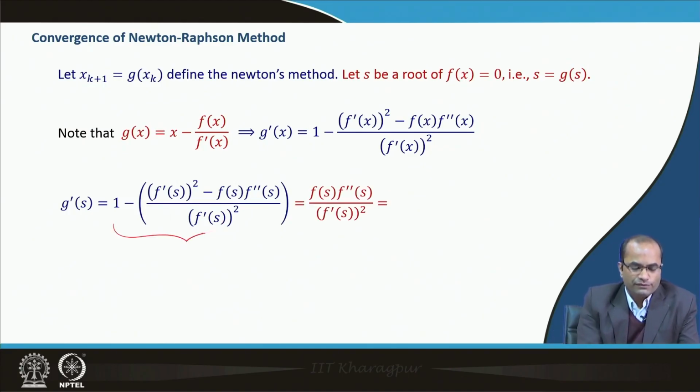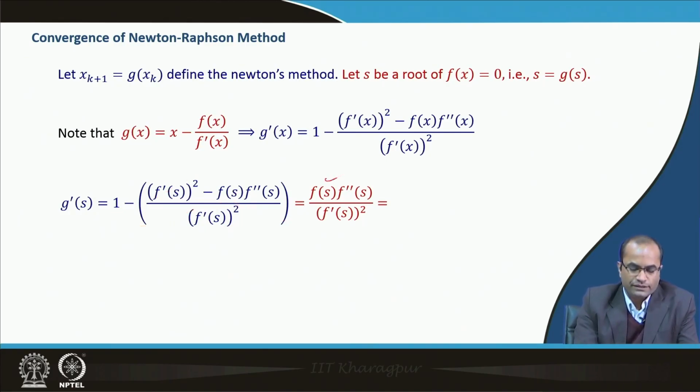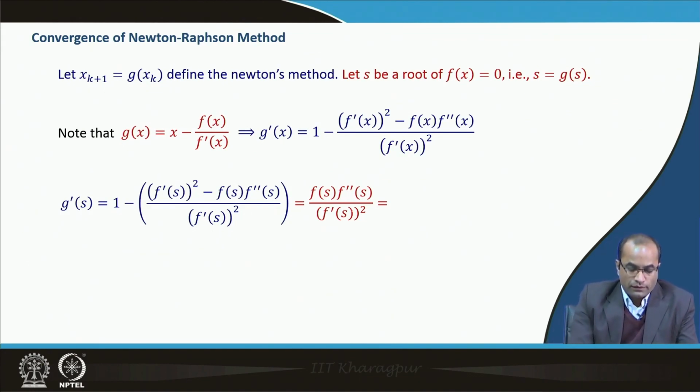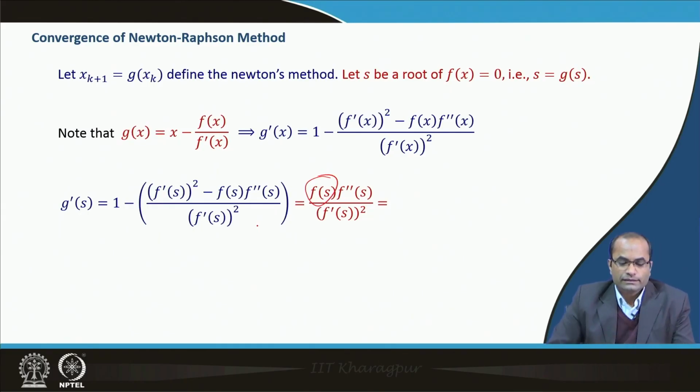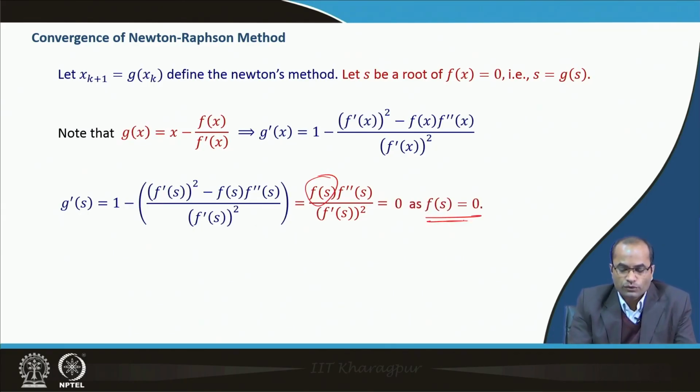Now, just simplifying this, because this whole square can go there, we are making this common denominator. So, this will cancel out with this, and finally, we will get only the f s, f double prime s, and f prime s whole square. Now, here this f s is equal to 0, because that is the root of this equation.